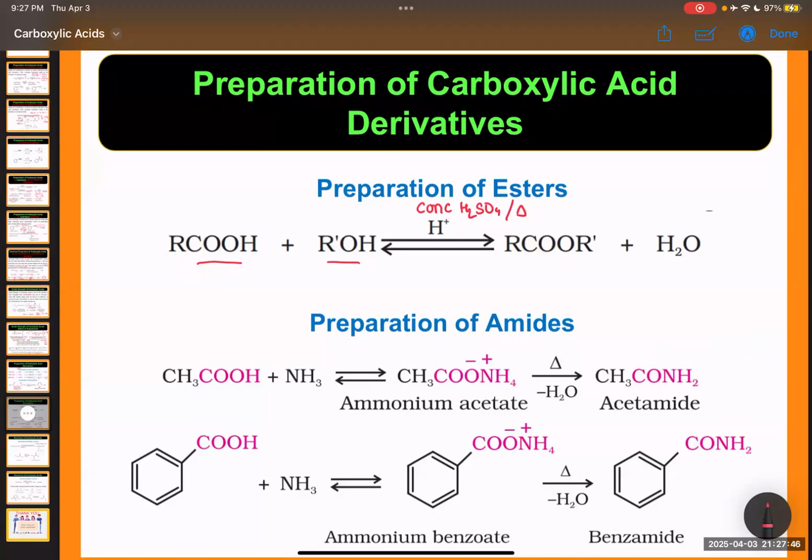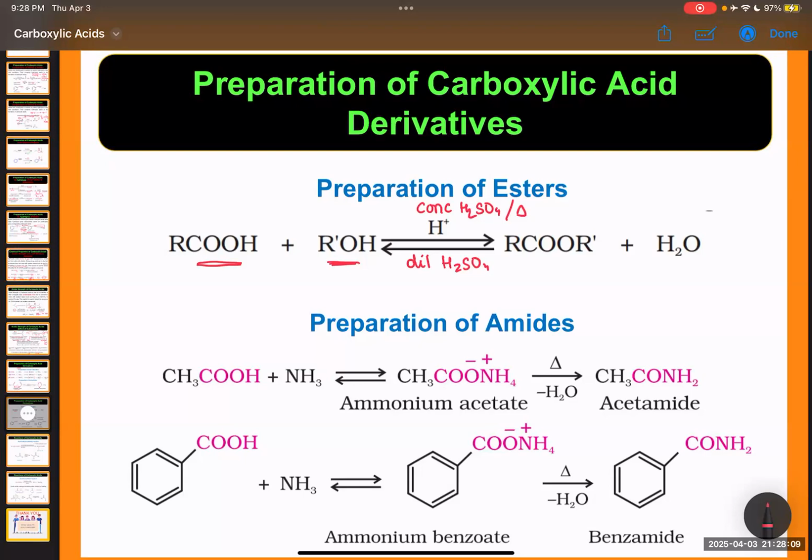If you take dilute H2SO4, dilute means you are putting water, so the ester will break into carboxylic acid and the corresponding alcohol. So esterification and ester hydrolysis.